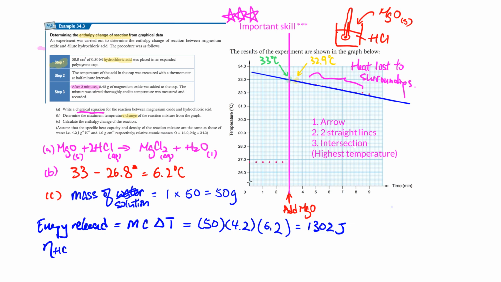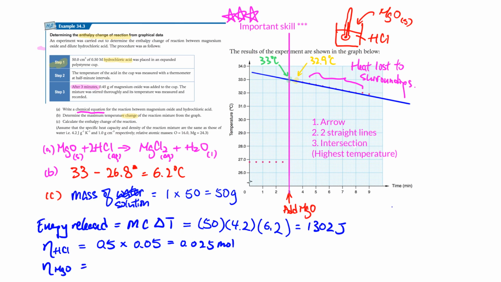For HCl, we can use MV to help, so we'll have 0.5 times 0.05. So for the HCl, it will be 0.025 mole, and the other one will be MgO.